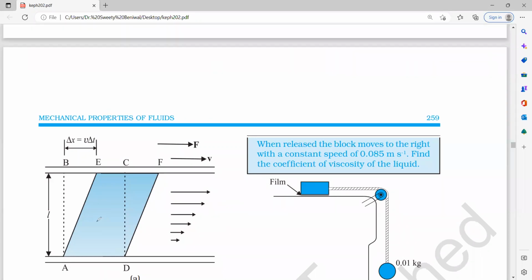This was the bottommost layer AD, and this was the initial topmost layer BC. Now it is very similar, like if the pipe diameter is length L, from here to here. Okay, so this is a pipe cross section given.